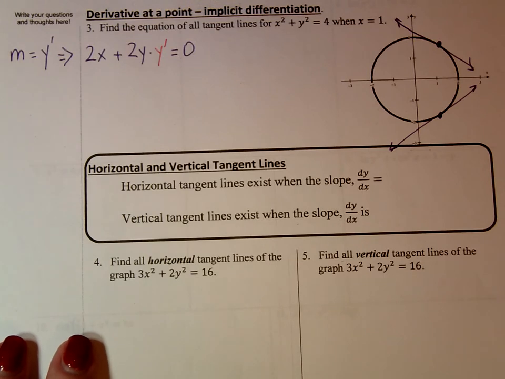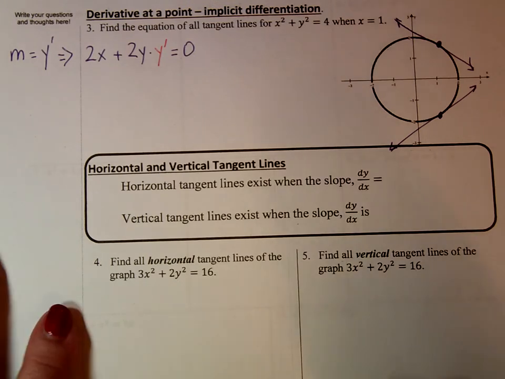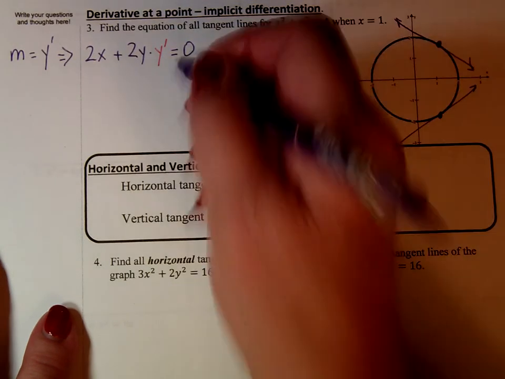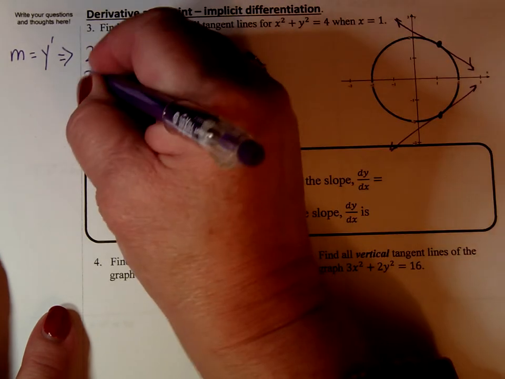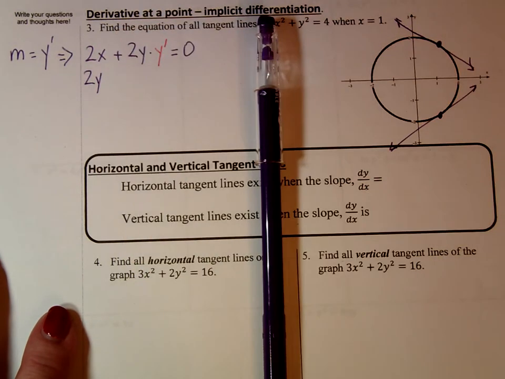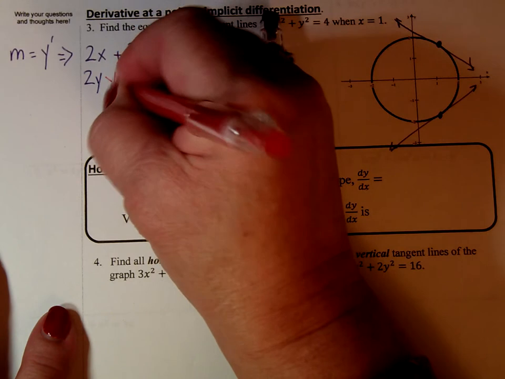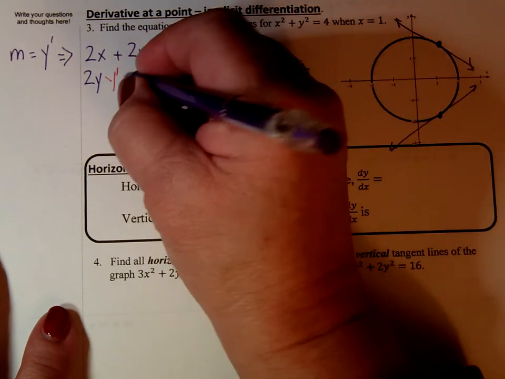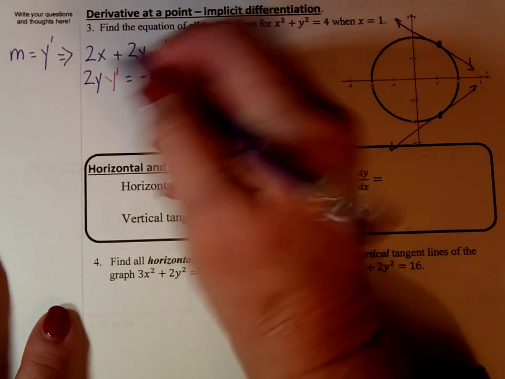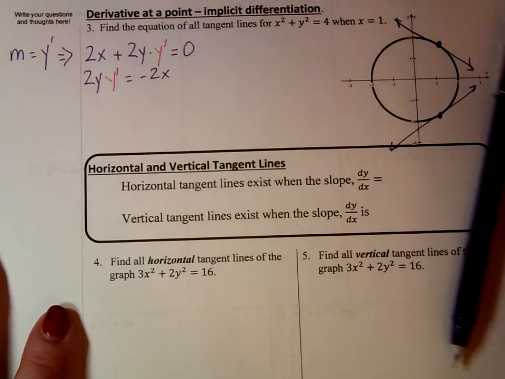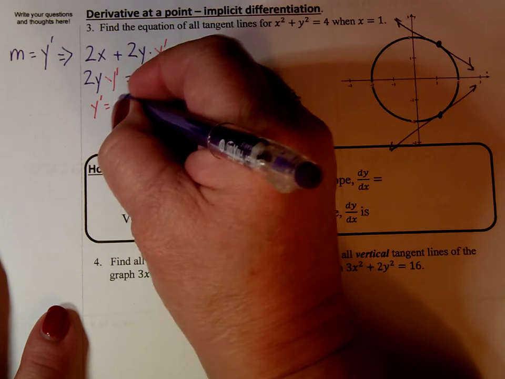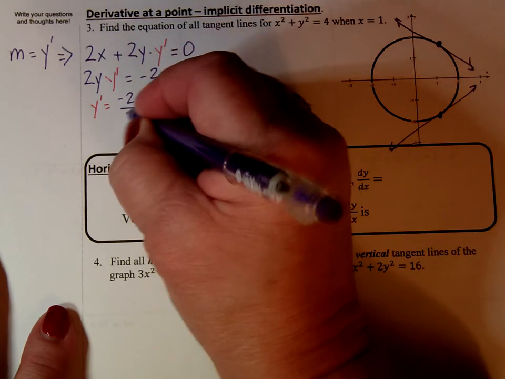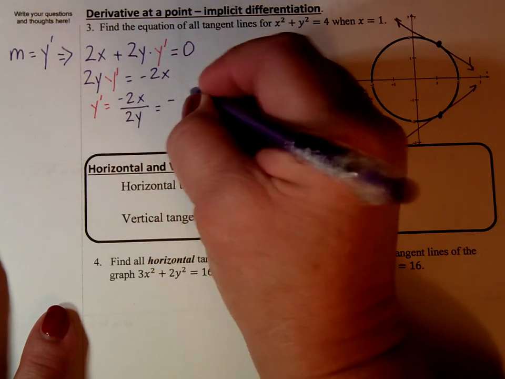So there you go. I am going to continue and solve for my y prime. So I have 2y y prime equals negative 2x, right? I'm going to bring that to the other side. So y prime, my slope, equals negative 2x over 2y, or negative x over y.